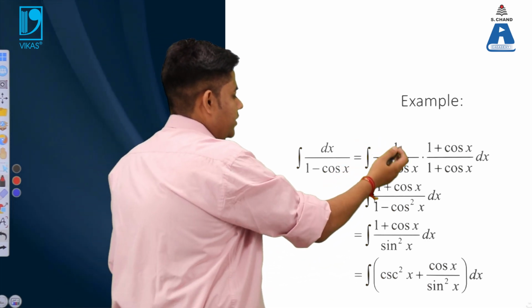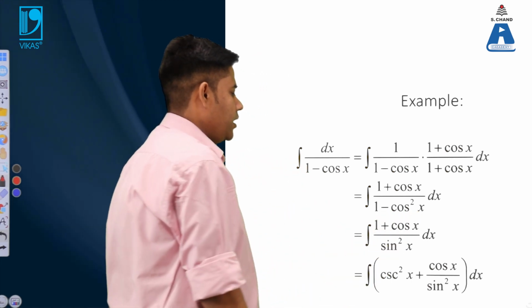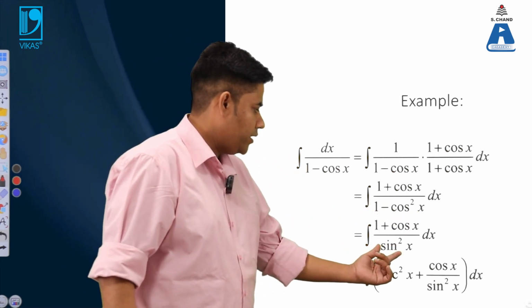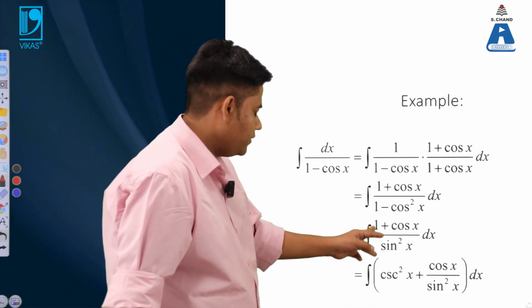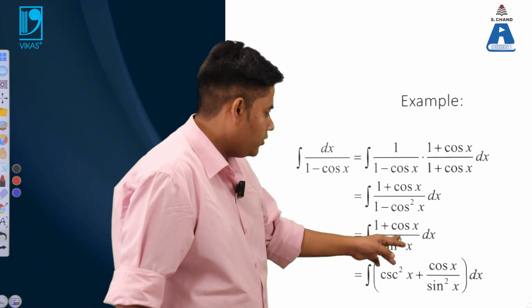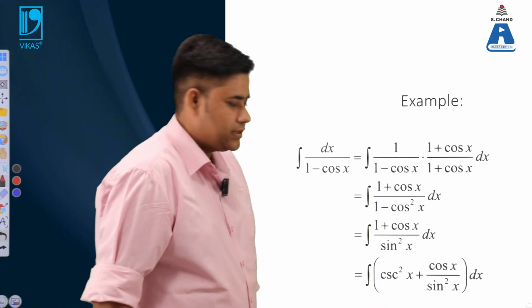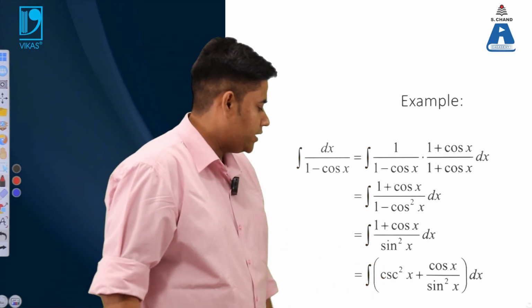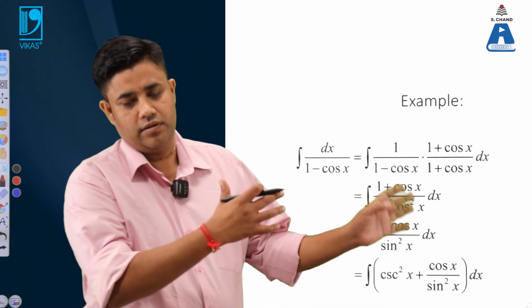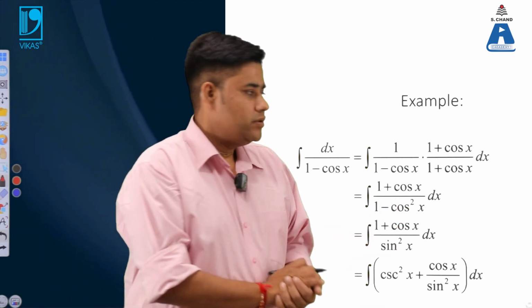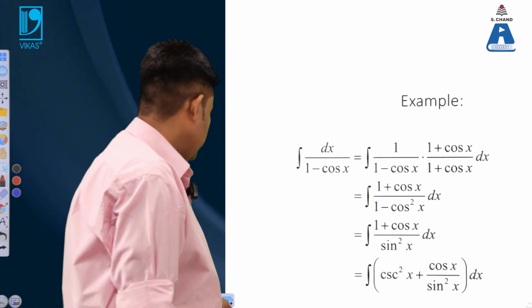I'll get 1 plus cos x in the numerator, and in the denominator we'll get 1 minus cos square x. 1 minus cos square x is sin square x as per the general trigonometric formula, and we separate it out. We get 1 over sin square x, which is cosec square x, and cos x over sin square x, which is cot x cosec x. So we have the integral of cosec square x and the integral of cosec x cot x, as per the formula that I have already told you. We can solve these examples with the help of the general solutions.